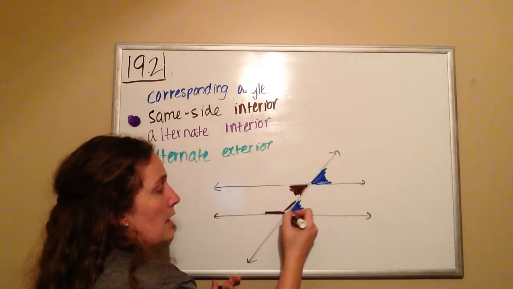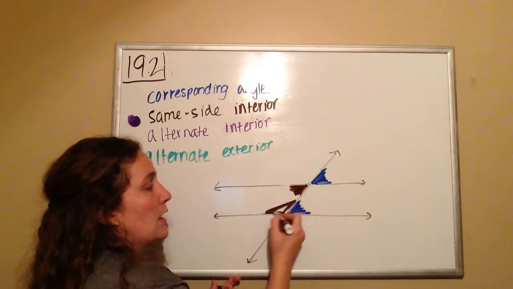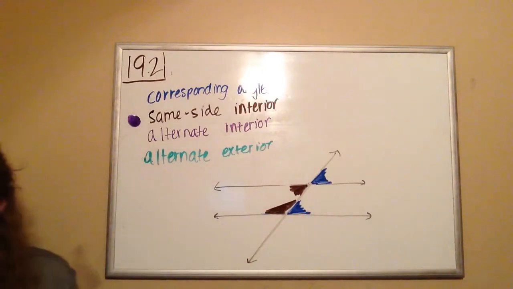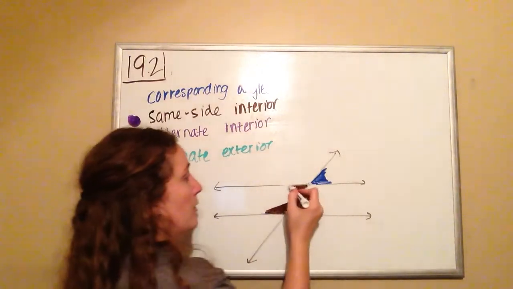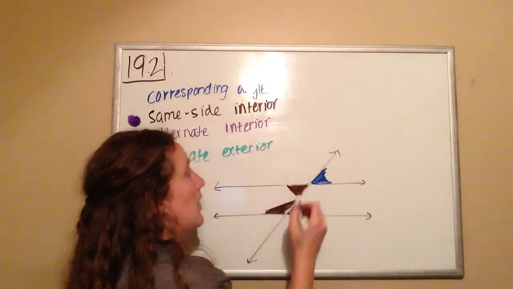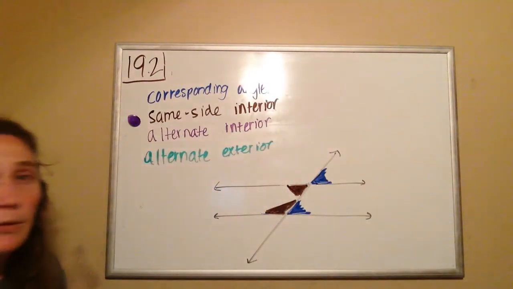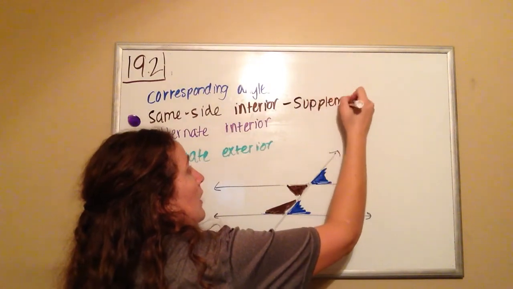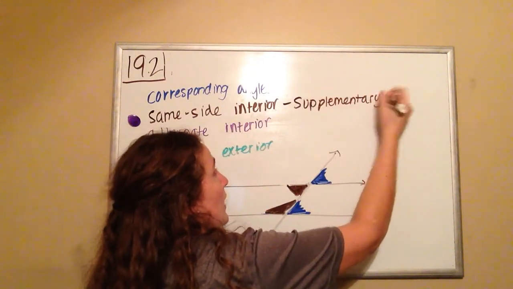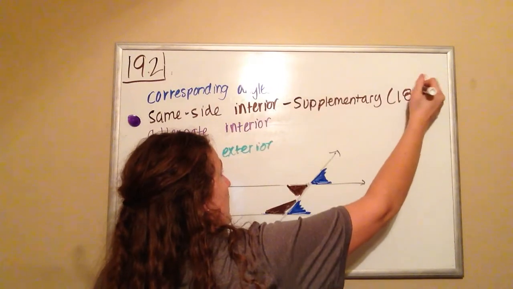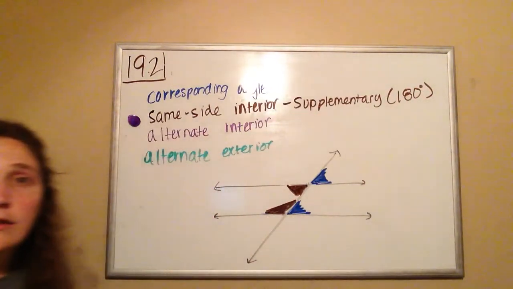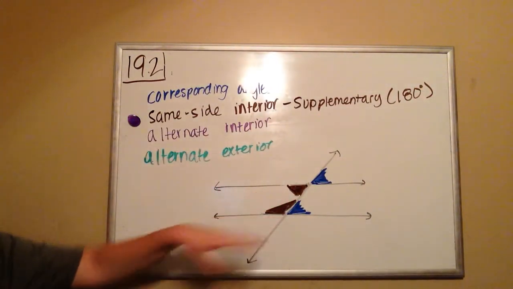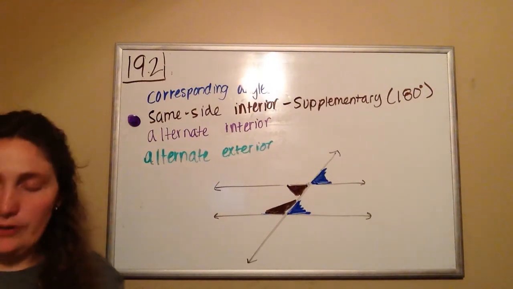You'll notice that one of these angles is obtuse and one of them is acute. What it does mean is that they are supplementary, which means those two angles add up to 180 degrees. So this angle plus this angle must add up to 180 degrees.